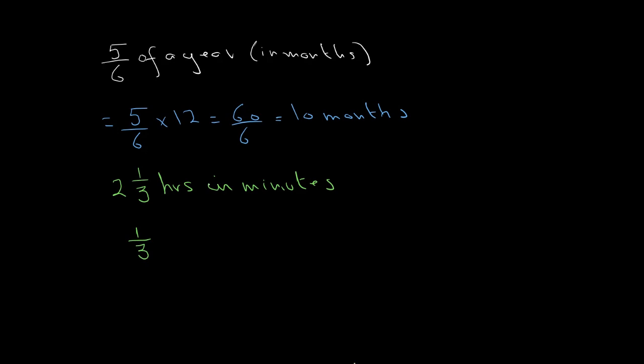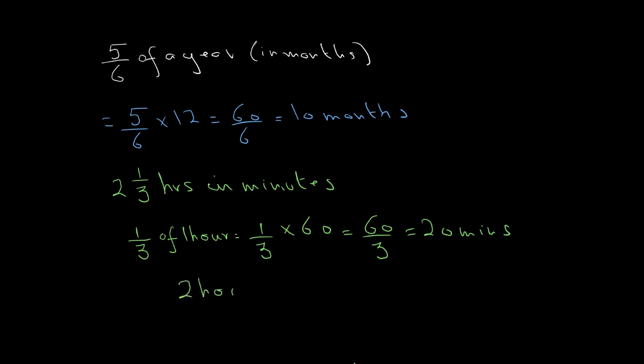So what I can do is I want to figure out what 1/3 of 1 hour is, and 1 hour is just 60 minutes. So I'm just saying this is 1/3 multiplied by 60, which is just 60 over 3, which is equal to 20 minutes. So the answer is going to be 2 hours and 20 minutes. Okay.